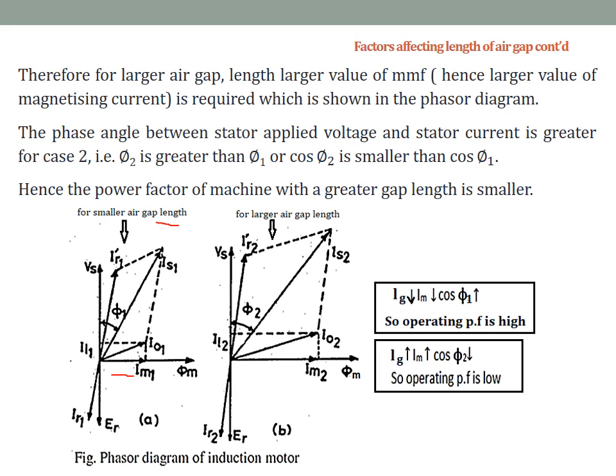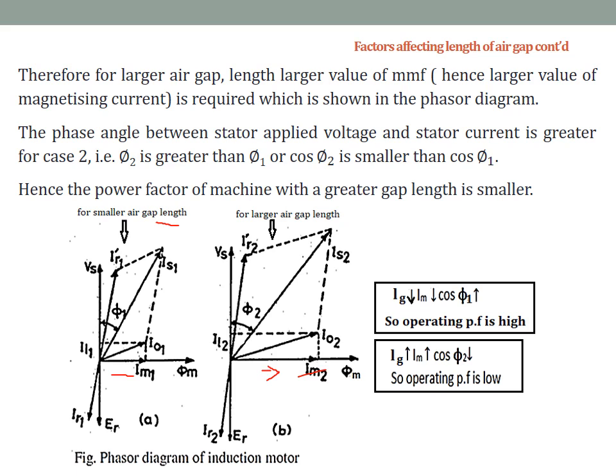This we can see in the vector diagram: the angle between Vs and Is1 is phi 1. Similarly, for large air gap length, the MMF required will be large. Then for higher value of MMF, the magnetizing current drawn will be more. Because of that, the angle phi 2 between Vs and Is2 is large. That is large means cos phi 2 becomes less. Power factor will be low.